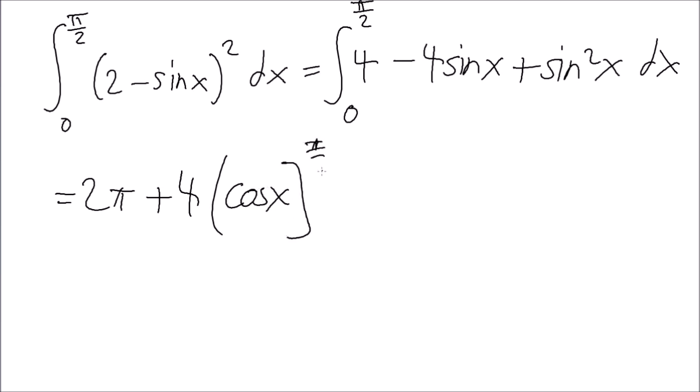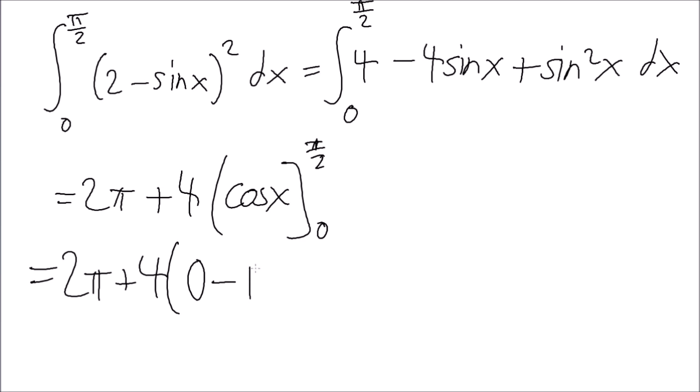Pi over 2, 0. This becomes 0 minus 1, right? I think I did that correctly. Cosine of pi over 2 is 0. And the reason it's positive is because the negative cancels out. So that's negative 4 there, and then plus sine square.